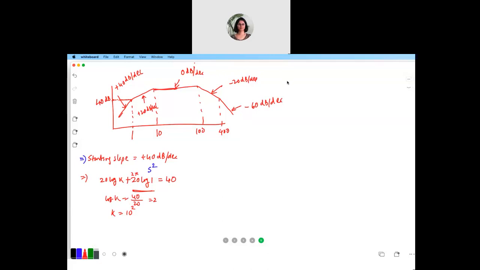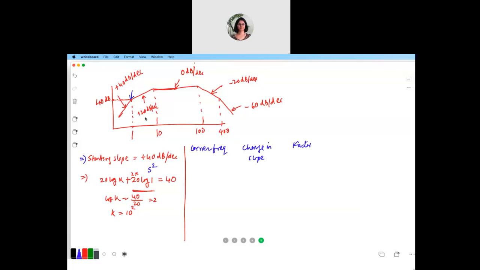So once I know this K, what's the next step? Next step is identify the factors. So what are the factors that I have? Where are the changes that I am getting? I am getting one change which is here. What is the corresponding corner frequency that I have to find out, right? Corner frequency, then change in slope I have to find out, and then I have to find out the factor.